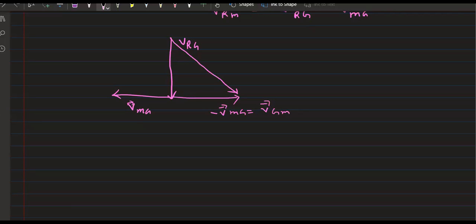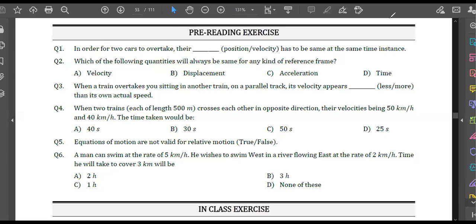Just give me 1 minute. Okay, sorry, my bad. I don't know since when it's not recording. Okay, so question number 4, everyone.